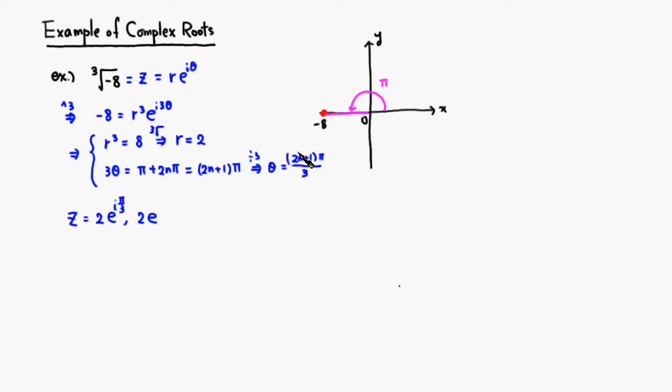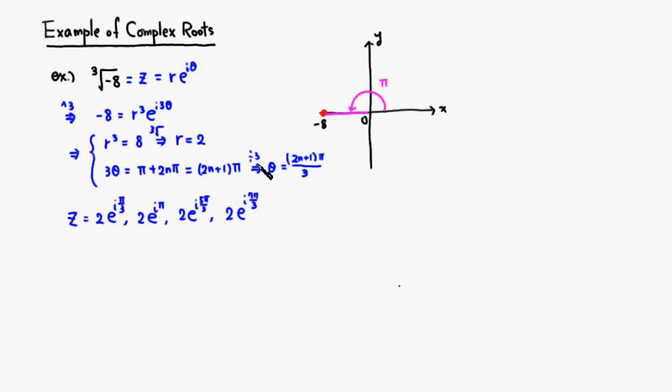So it's 2 e to the i pi. For n equals 2, you have 5 pi over 3, so 2 e to the i 5 pi over 3. Then n equals 3 gives 7 pi over 3, so 2 e to the i 7 pi over 3.